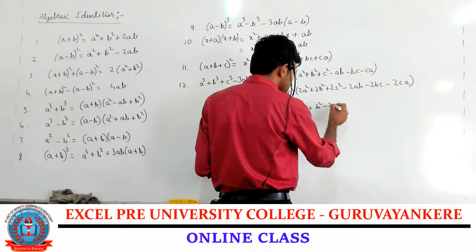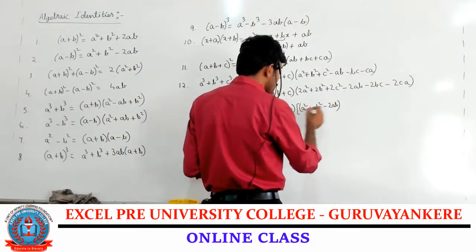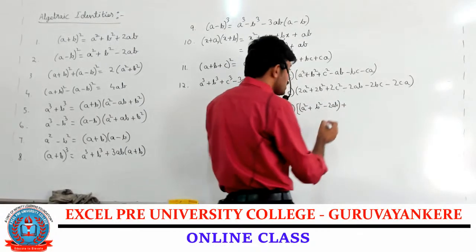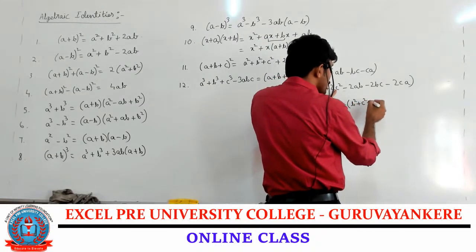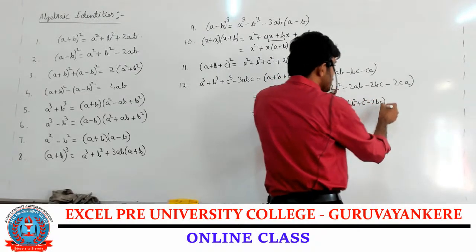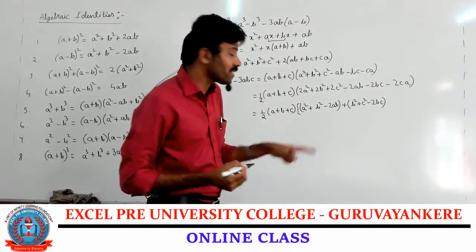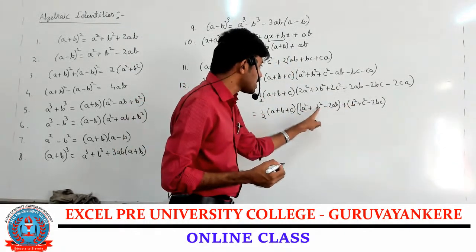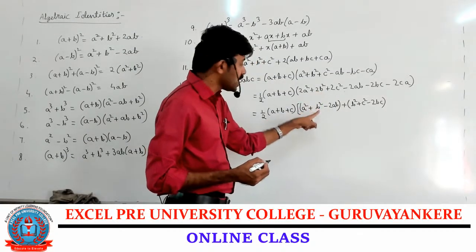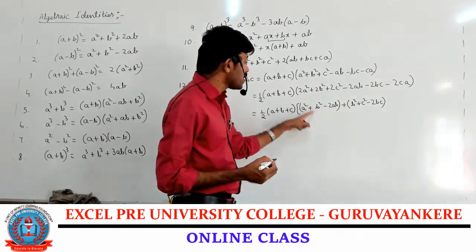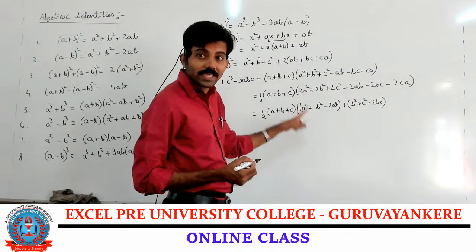Now this minus 2ab, this much is one bracket. Next, another b square is there, that we write plus c square minus 2bc. Correct? So far we have written a square plus b square plus b square. 2b square is used, 2b square is b square plus b square, and 2a square is a square plus a square.